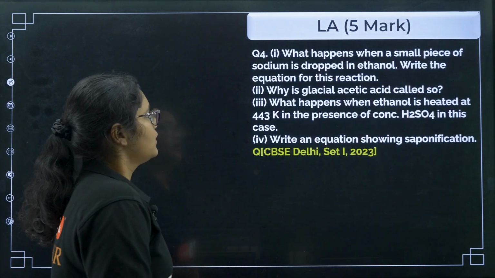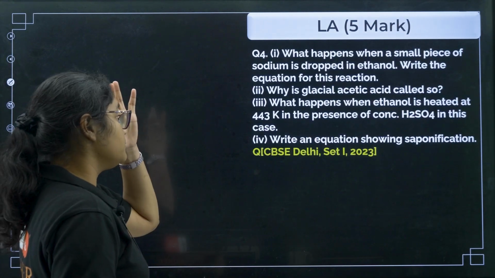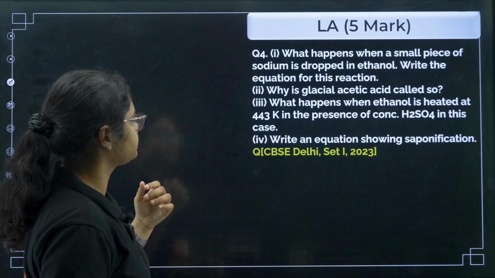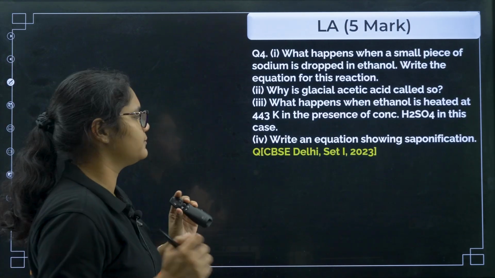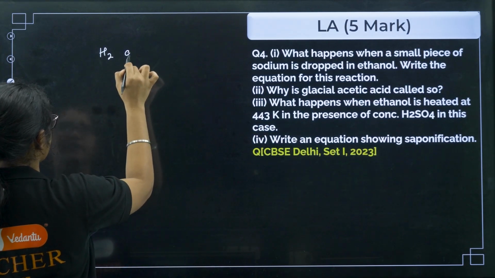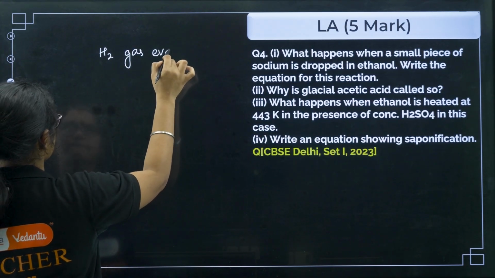Okay. Now next question, what happens when a small piece of sodium is dropped in ethanol? Write the reaction for this one. If a small piece of sodium is dropped, hydrogen gas will be evolved. So the first thing is hydrogen gas is evolved.